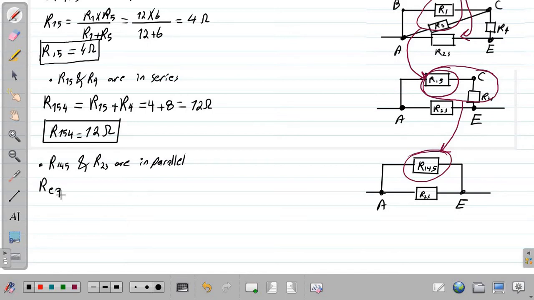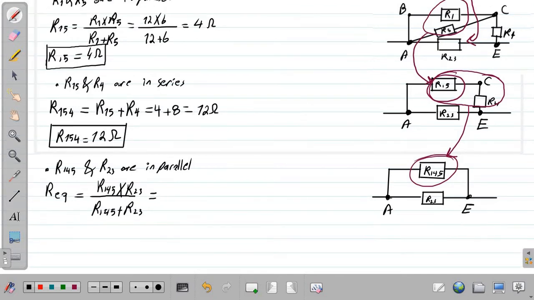So R equivalent، بما انه قال لي بالquestion انه between A and E لازم يطلع معنا R equivalent. R equivalent is R145 times R23 over R145 plus R23, equal 12 times 7.2 over 12 plus 7.2. راح يطلع معنا الانسر is 4.5 ohm.